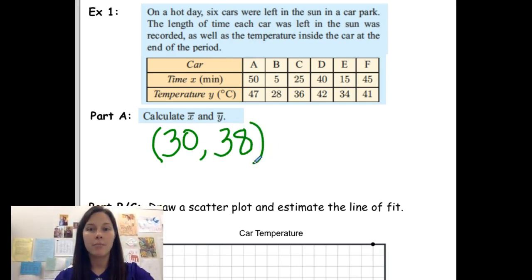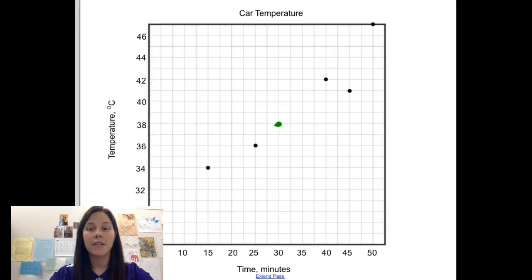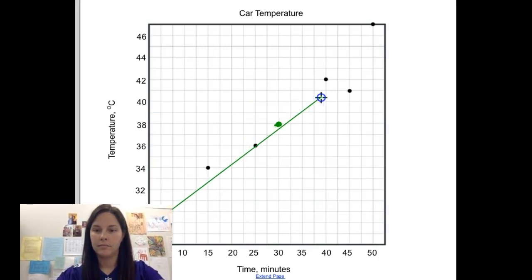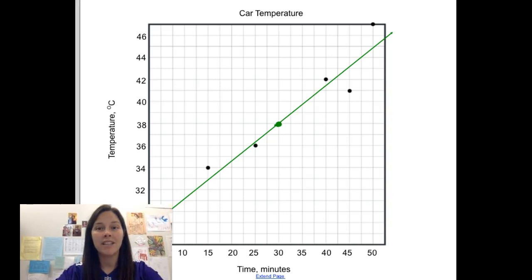So we're going to plot that point on the scatter plot, which I already have set up for you to save us some time. And then we'll place our line of fit through that point. I have 3 data values above the line and 3 data values below the line. They look fairly evenly balanced, so we're going to call this our line of fit.